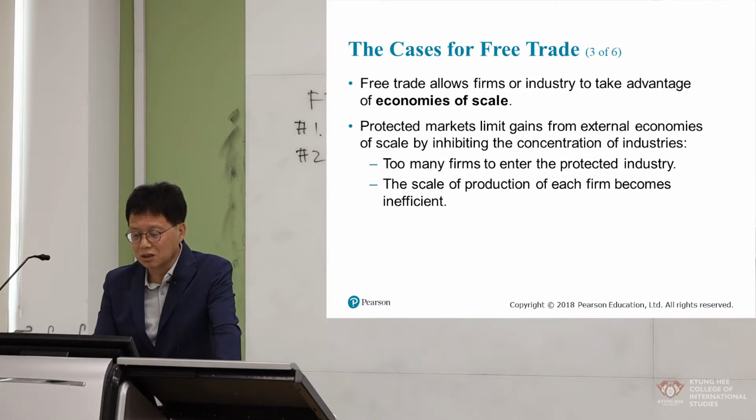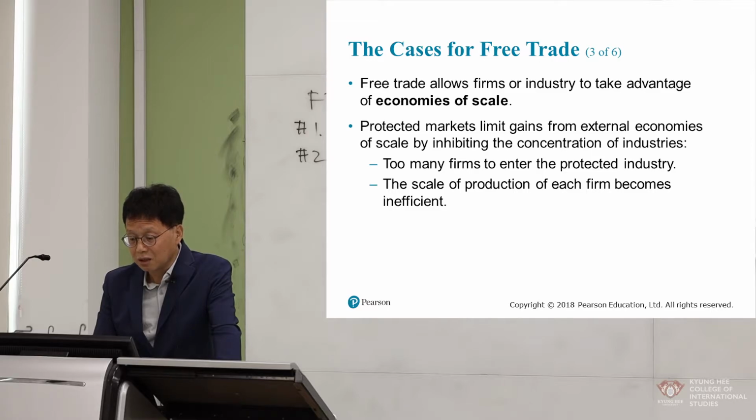Sometimes this is a very critical impact of liberalization. For example, look at this. A protected market limits gains from external economies of scale by inhibiting the concentration of industries. Right? Too many firms enter the protected industries.